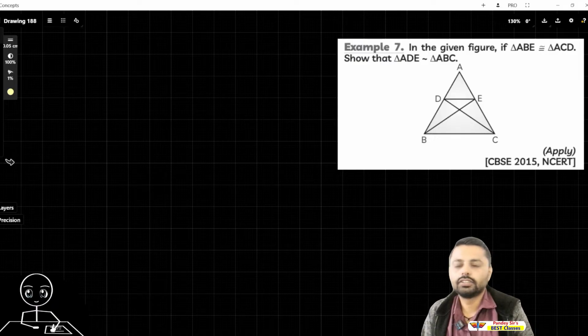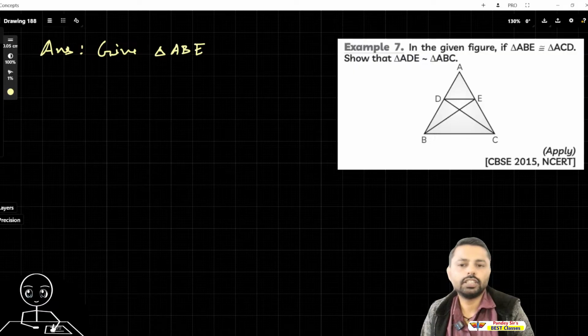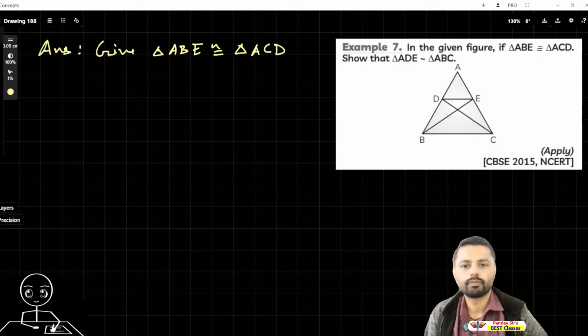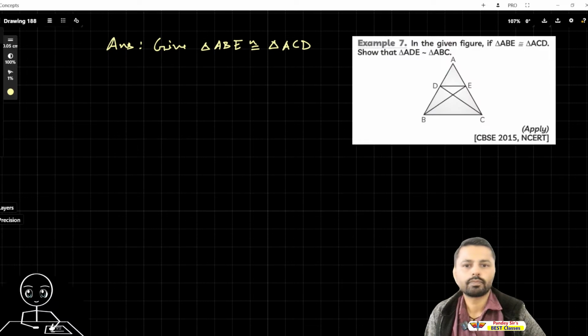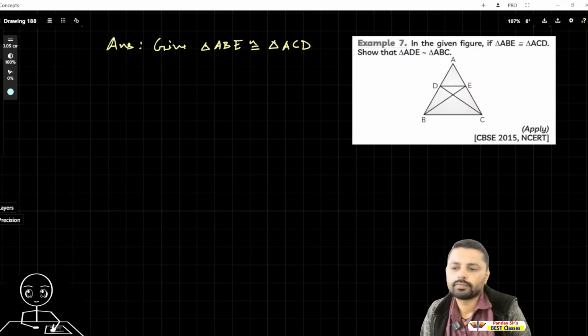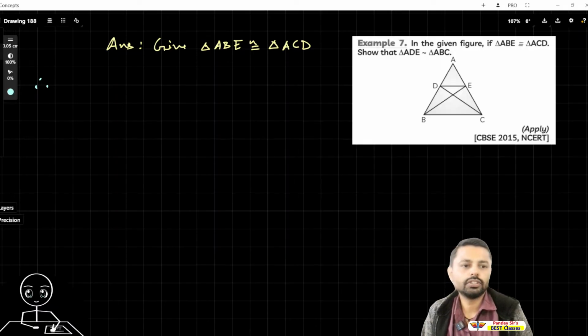So we'll start with the answer. Given triangle ABE congruent to triangle ACD. Therefore, corresponding sides will be equal.